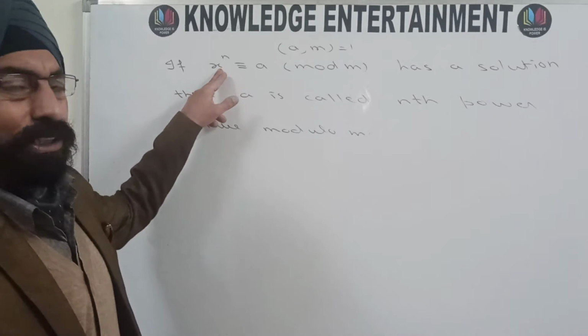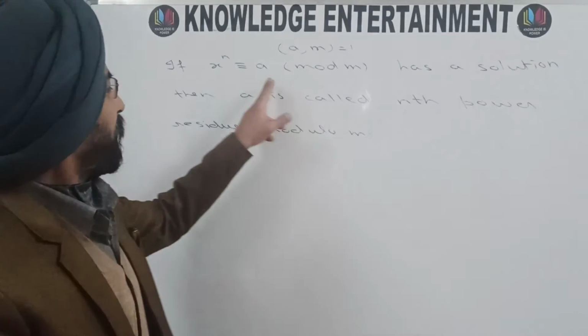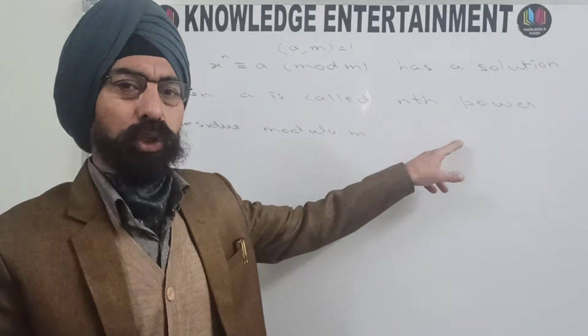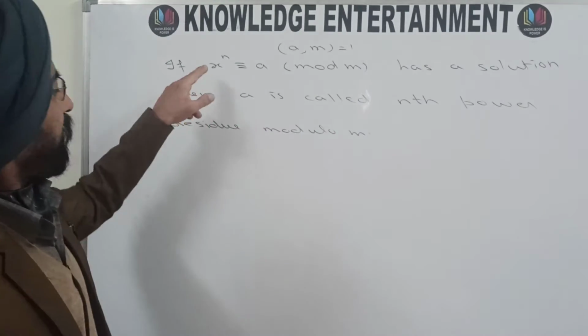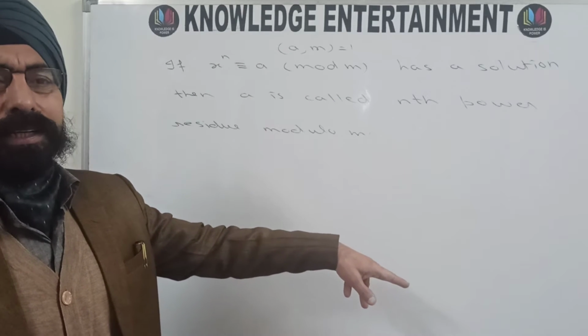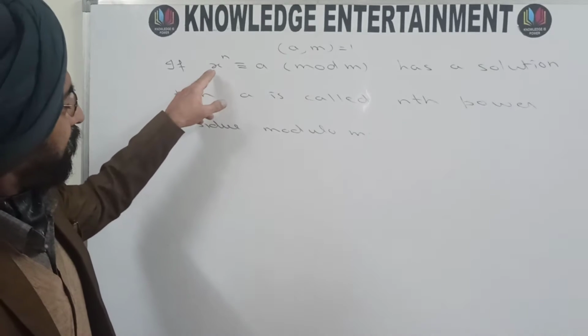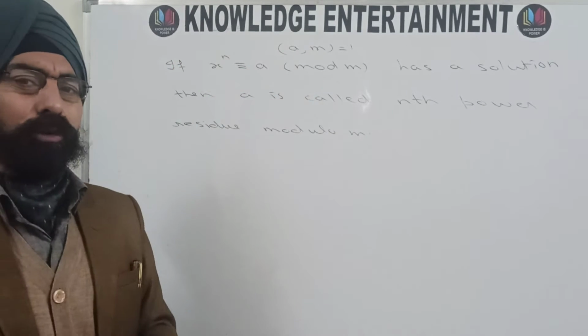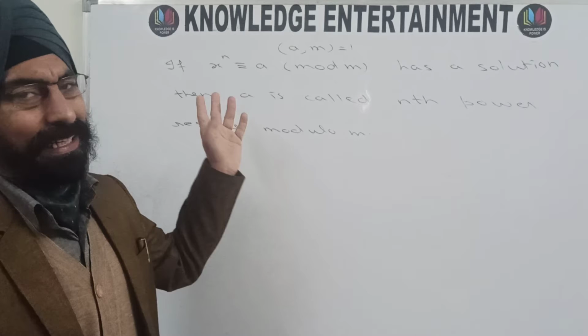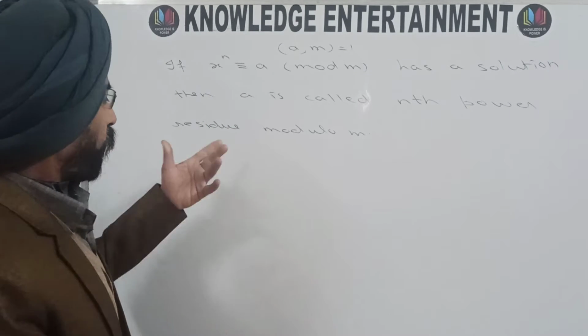Earlier you were having x squared, so it was called quadratic. If it is x cubed, then it will be called cubic residue. If it is x to the power 4, then it will be called biquadratic residue modulo m. And similarly, if x to the power n congruent to a modulo m has a solution, then a is said to be an nth power residue modulo m.